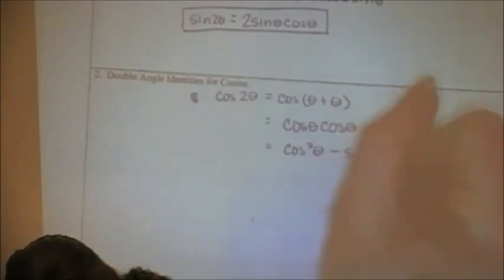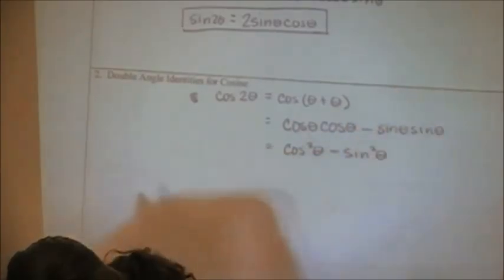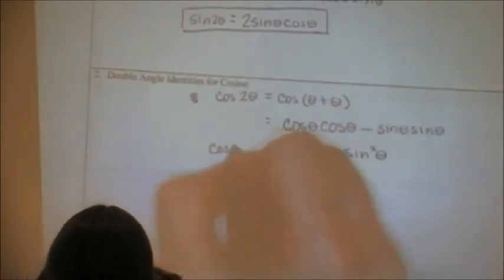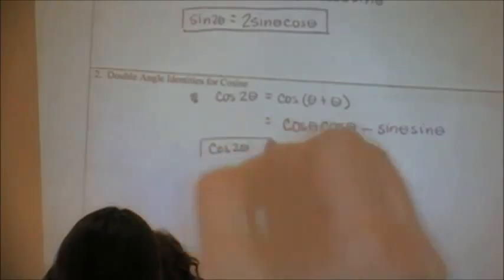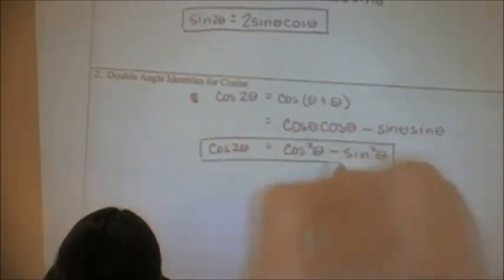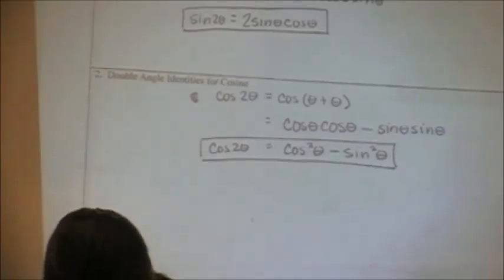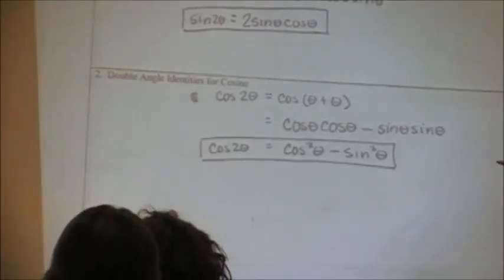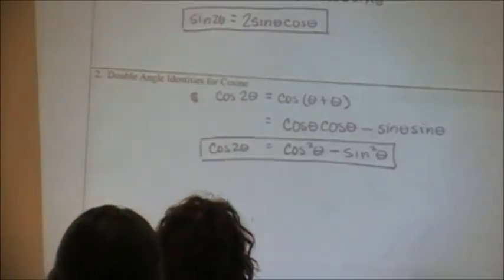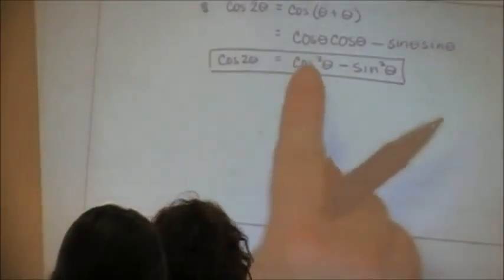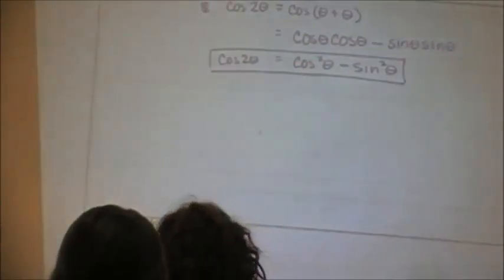And same thing for sine. Okay, so that is the identity. Now, they gave me a much bigger box for cosine 2 theta. That's because I can continue to break this down a different way because of the Pythagorean identity. See, now that I have something squared, I could take that out and replace it with something else.